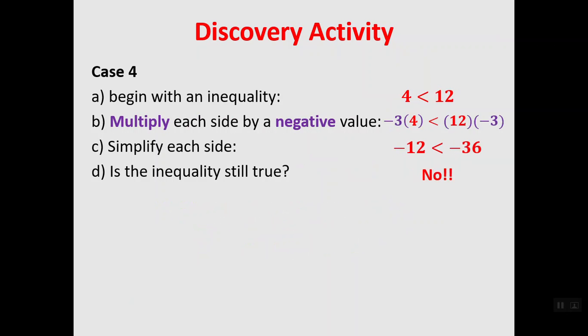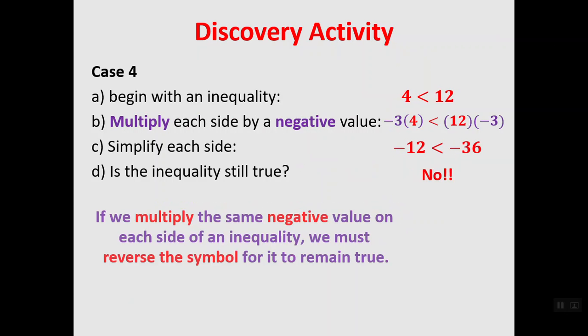If we multiply by a negative value, the inequality is no longer a true statement. So to keep it a true statement, we have to reverse the inequality symbol. So you can see if I rewrite it, negative 12, and I switch that inequality symbol to be the opposite direction, then we've got a true statement.